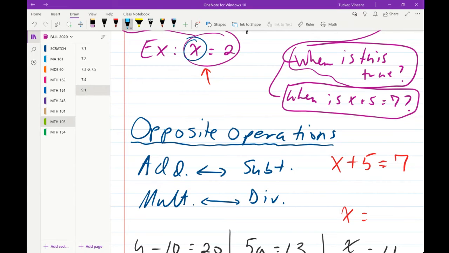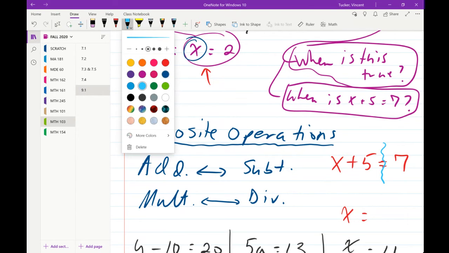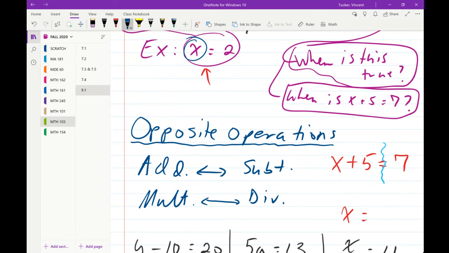Also, our equation is split up into two sides, and it's split up by the equal sign. And the reason why I point that out is that you have the left side of your equal sign and the right side of your equal sign, or in other words, the left side of your equation and the right side of your equation. So notice I have here x plus 5 equal to 7.